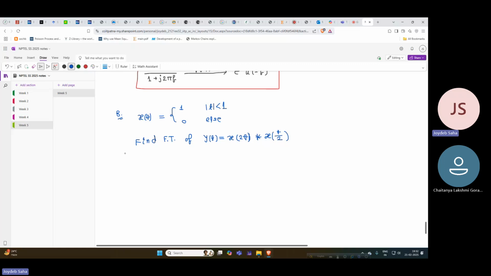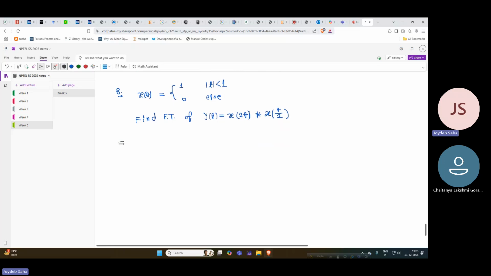So what is x(t) here? We can draw x(t) like this: a pulse from minus 1 to plus 1, with height 1.